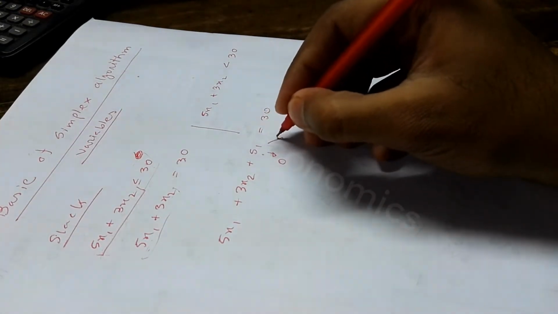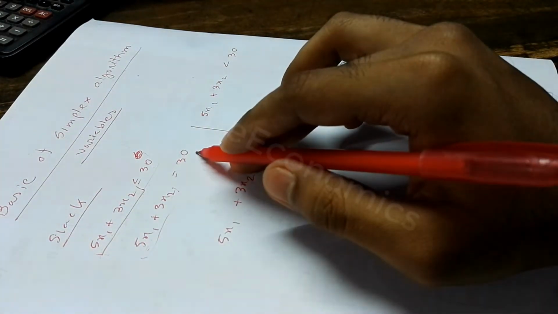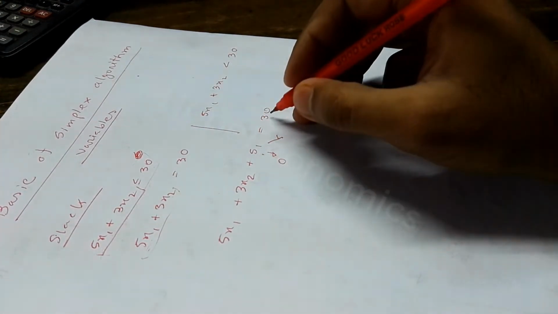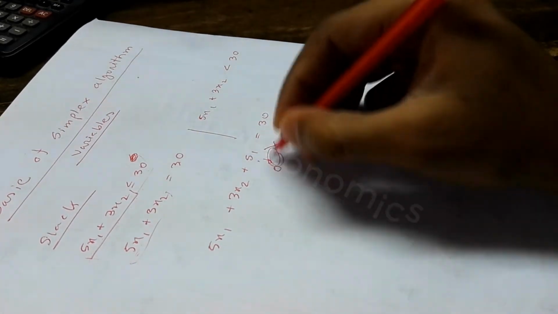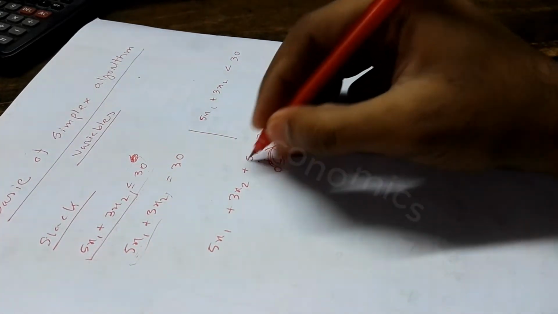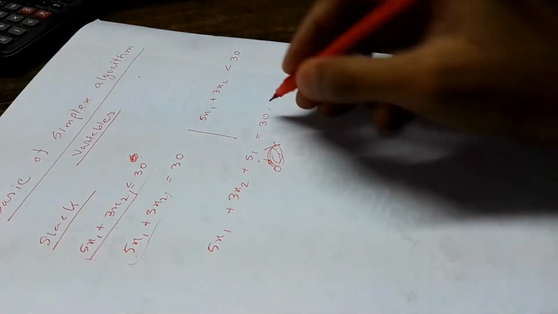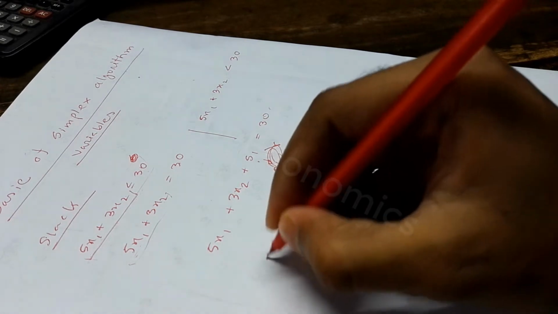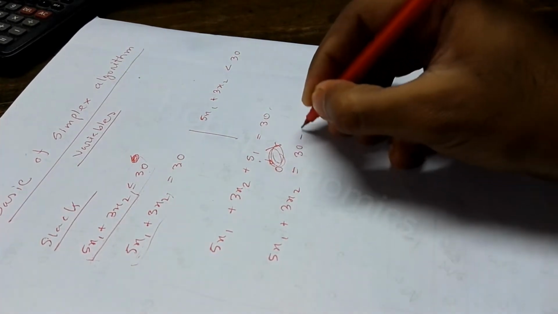If it's not true that the value of 5x1 and 3x2 is equal to 30, and it's less than 30, then in that case s1 has some value, which is the difference from 30. That means 5x1 plus 3x2 equals 30 minus s1.